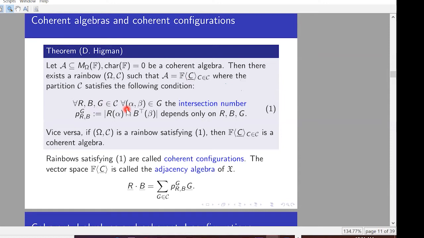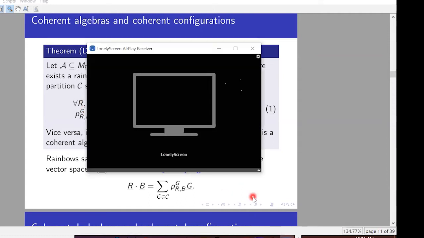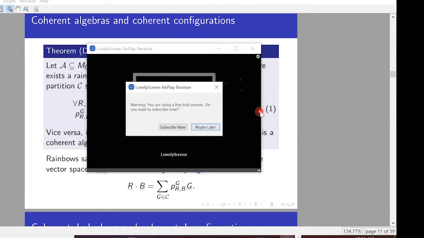and I count how many paths of length 2 you can get from point alpha to point beta, such that the first step will be red and the second will be blue, like here. Just a second, I will show you the picture.